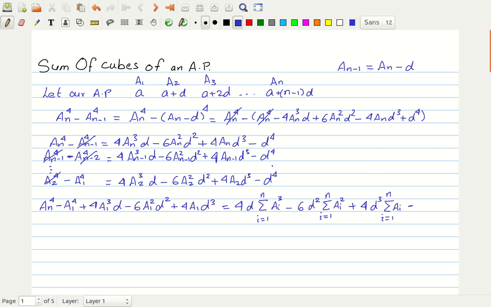We have n minus 1 times d to the power 4, right? So we have minus n minus 1 d to the power 4.